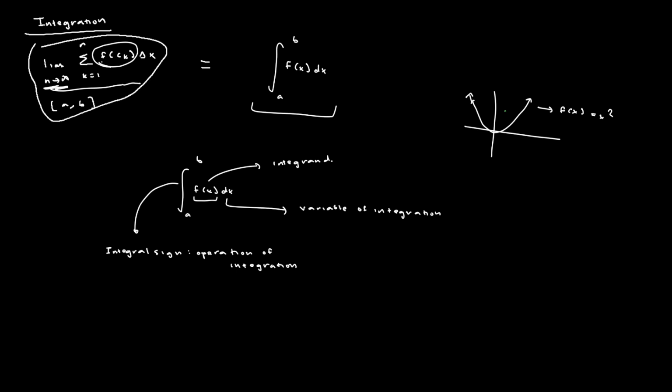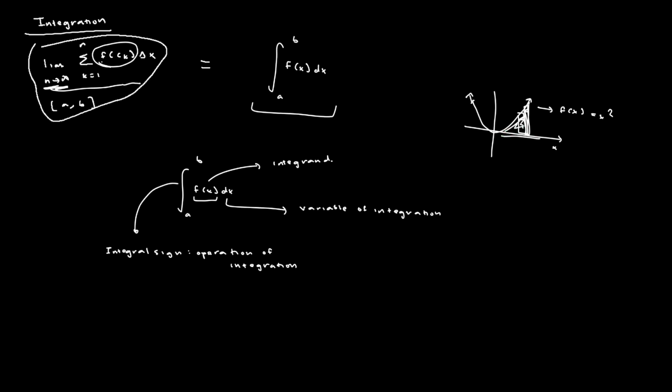And so dx means that the variable that we're shifting is over the x-axis, and because x is the variable that we're shifting over, we're forming our approximations, our Riemann sums, on that axis, and that helps us find the area under the curve anchored on the x-axis.